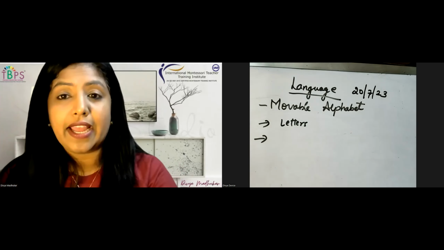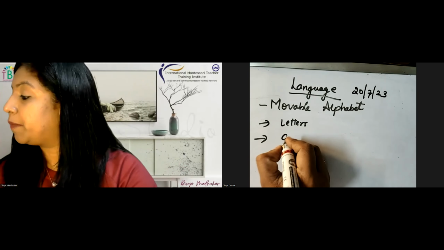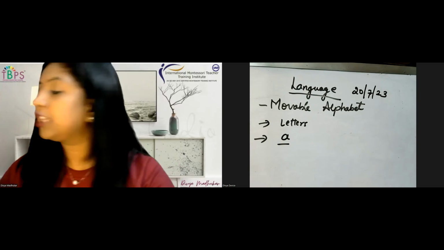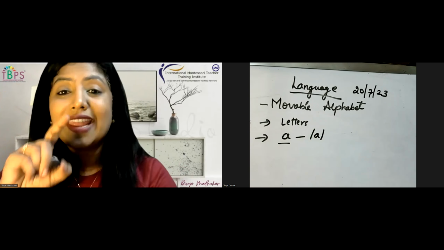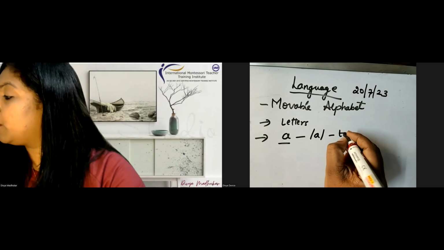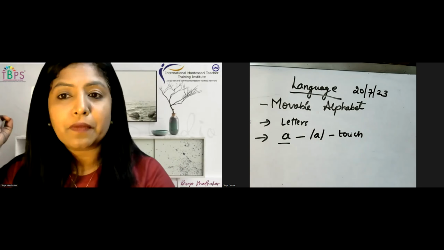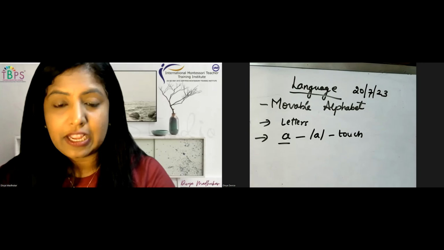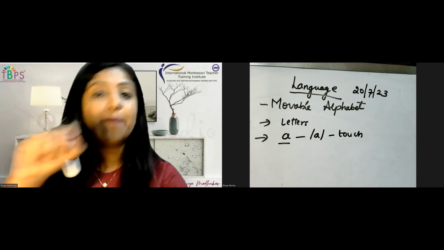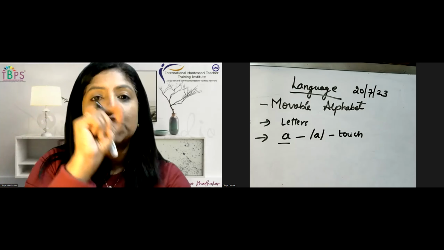This is where the child recognizes a particular letter, understands the letter sound, and at the same time is able to touch the letter and reinforce understanding of the shape of the letter. What do I mean by the shape of the letter?